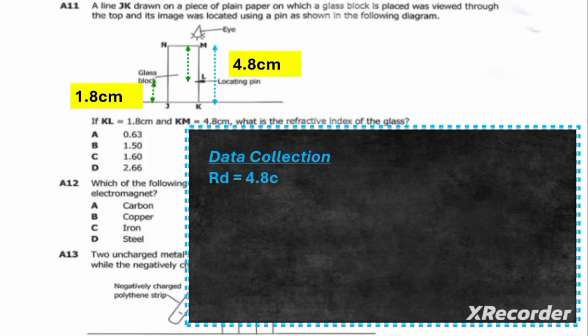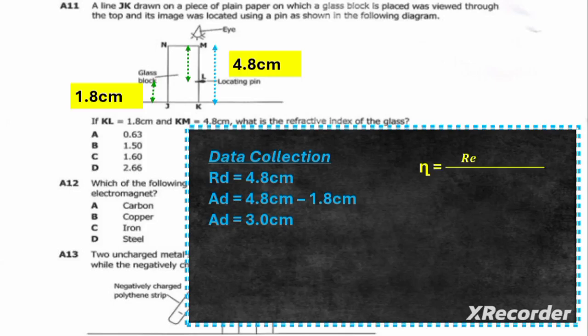The real depth is 4.8 centimeters. The apparent depth is 4.8 centimeters minus 1.8 centimeters. So therefore, the apparent depth is equal to 3 centimeters.